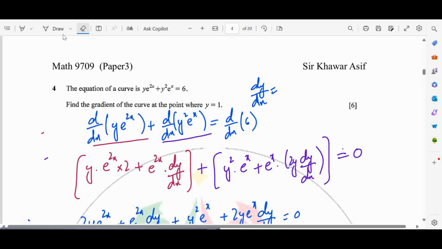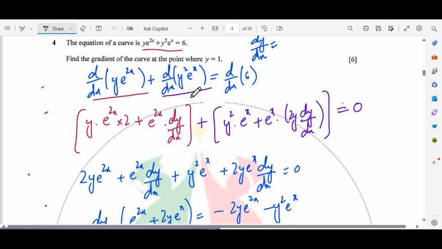Now when y is 1, from here we can use 1 e power 2x plus 1 square e power x is equal to 6. Now this will be e power 2x plus e power x minus 6 is equal to 0. This one is a quadratic equation now.